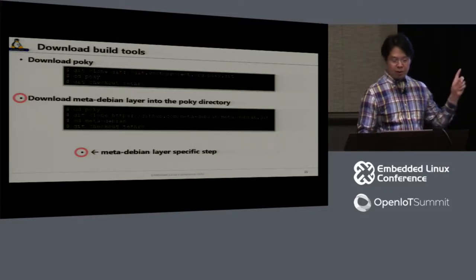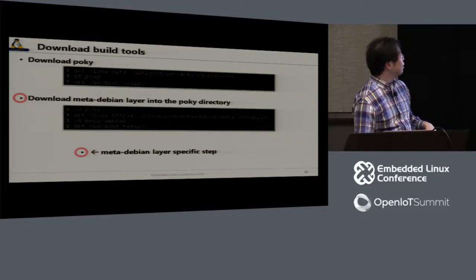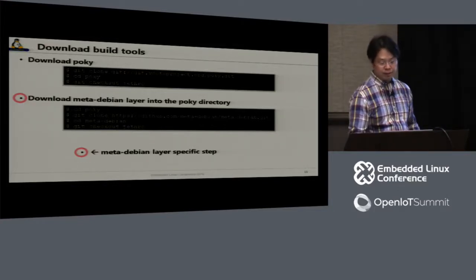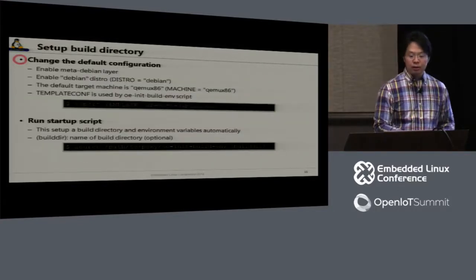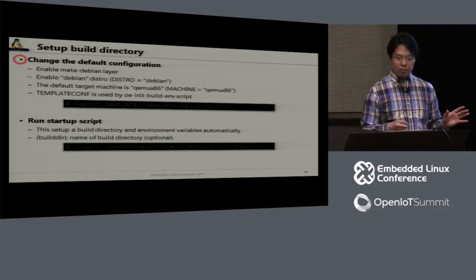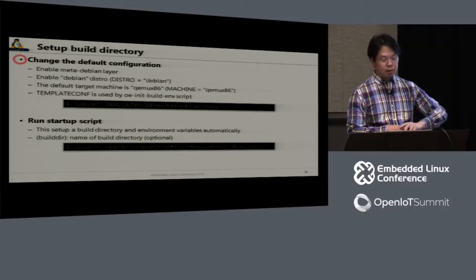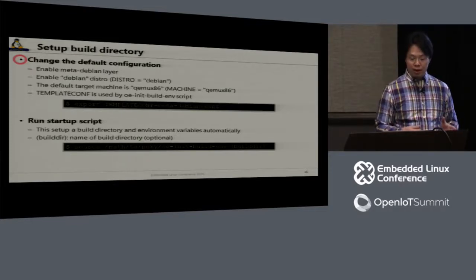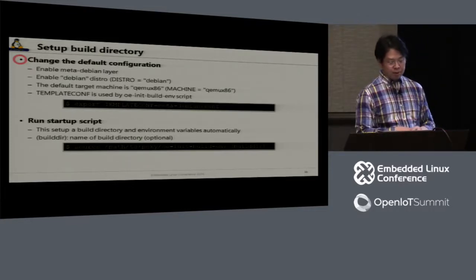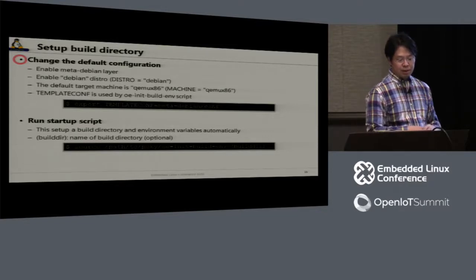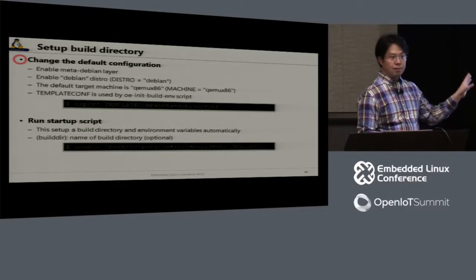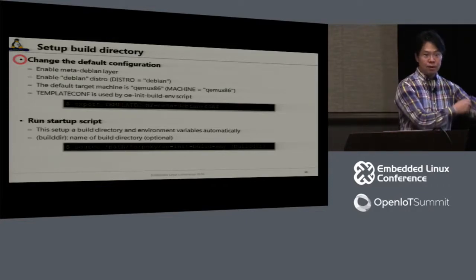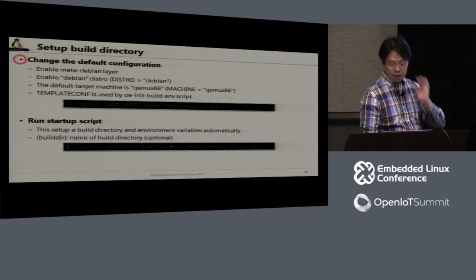So this is to download the meta-debian layer, which is a specific part for meta-debian. You can also make changes to the meta-debian layer as much as you want, but it's quite easy to use. You just follow these steps, and it's written in the README file inside the meta-debian layer.